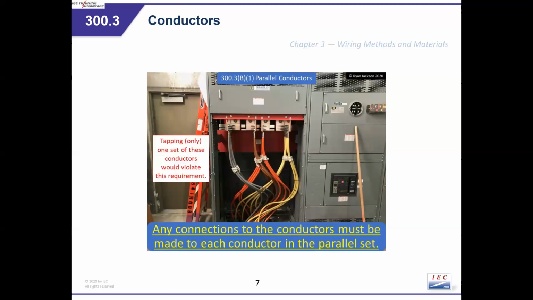Okay. So B1, any connection to the conductors must be made to each conductor in the parallel set. Okay. So tapping only one set of these conductors would violate this requirement.